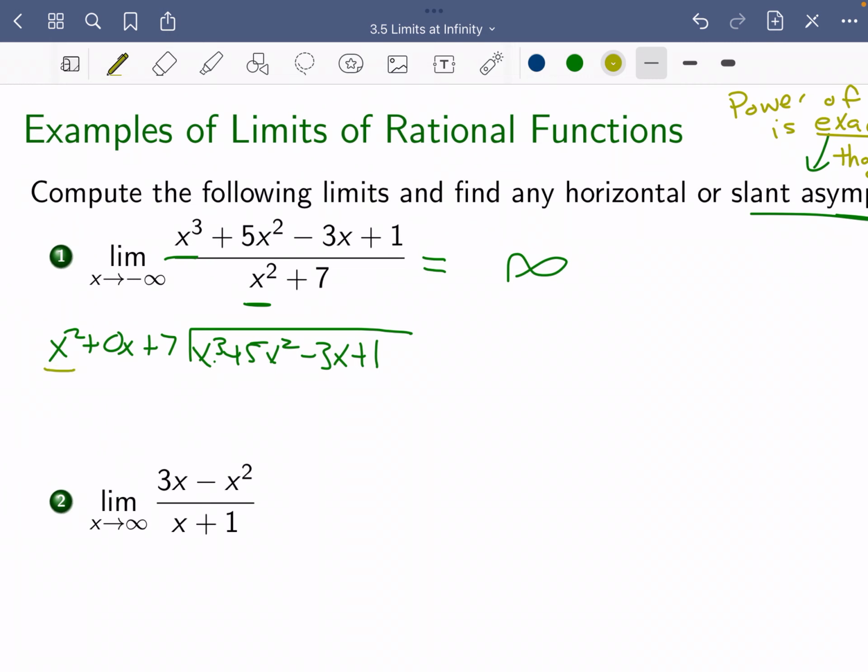We would need to multiply x squared by just an x in order to get x cubed. So now we have x cubed, 0x squared, plus 7x. Switch the signs, and combine.